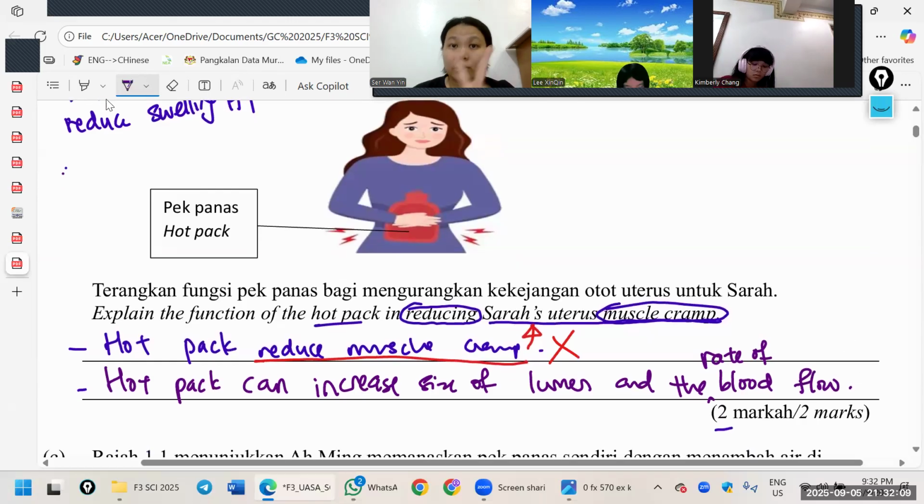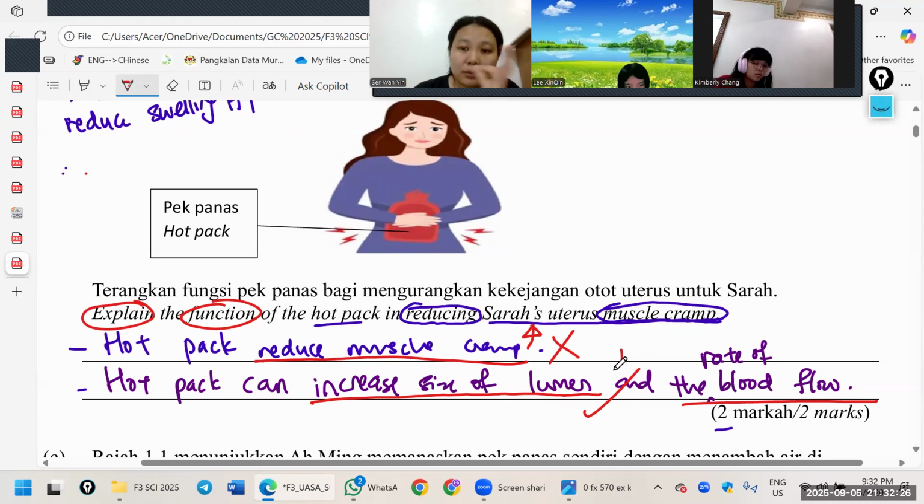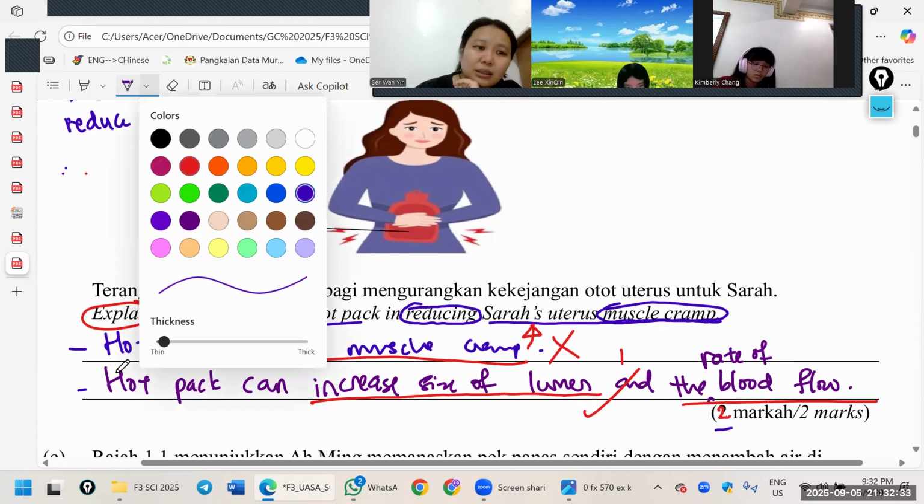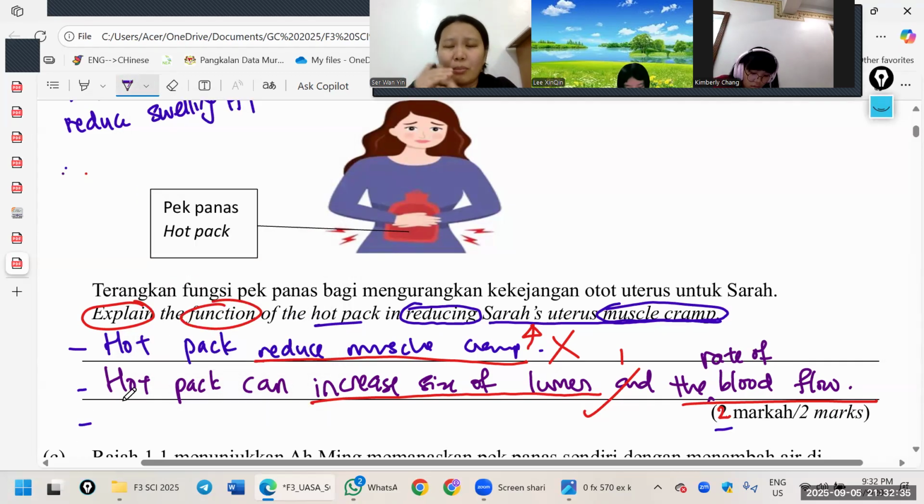Looks like there are 2 points, but you only get 1 mark because these 2 points are the function. Explain the function is 1 mark. These two belong to the same point. It's 2 marks, so 1 more mark. How to describe 1 more mark?